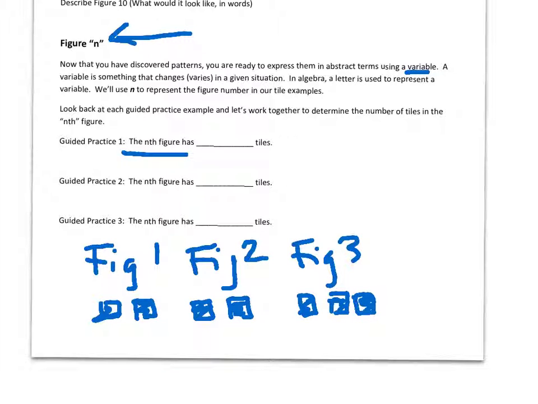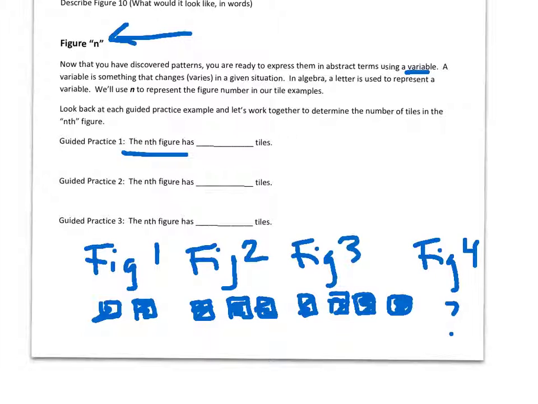Figure 4 is going to have, oops, wait a second, I have a little mistake here. 2, this one should have 3, and this one should have 4. So figure 4 then would have how many? And it would have 5 here because it's the figure number plus 1. The figure number plus 1.